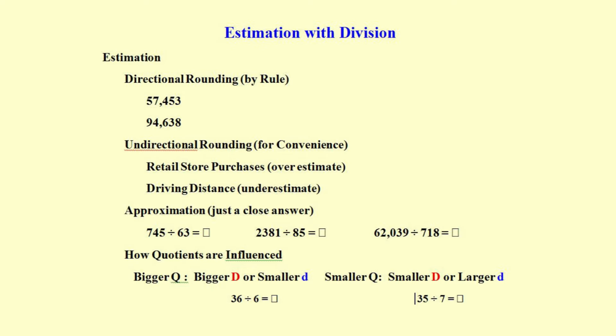Well, it turns out making the dividend smaller or the divisor larger is what does it. So let's look at that particular setting. Let's suppose what I'm interested in is a bigger Q, and what I'm doing is overestimating. How do I get a bigger Q?